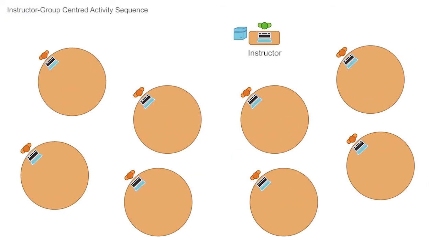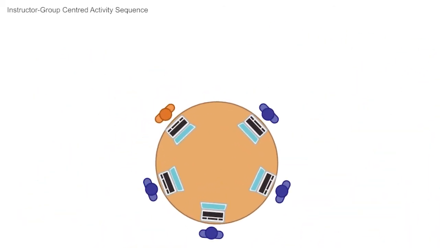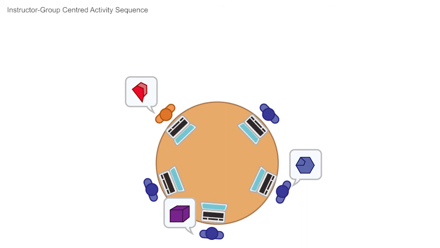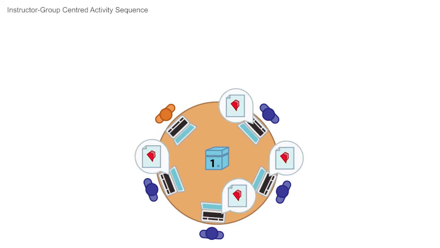The Instructor Group Centred activity sequence enables each of the groups in the class to work together through discussions amongst them. Thereafter, having their group inputs entered into the support system. Two design approaches are possible. One approach only allows a leader to input and the rest of the group members to be able to see what is entered through their group discussions.